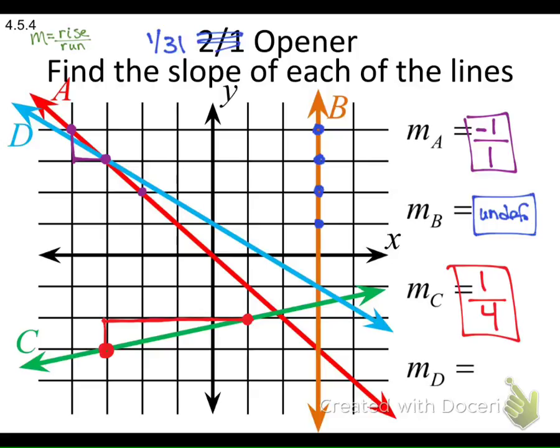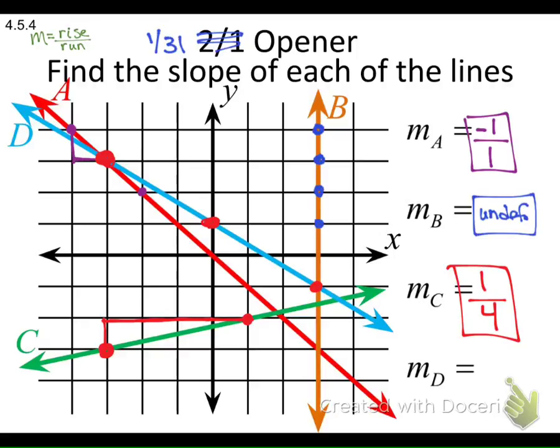And my last line, line D. Looking at line D, what kind of slope does it have? Negative. So I find my lattice points. Line D shares a lattice point with my line A. And I keep going down, find my next lattice point. And then I can keep finding them if I want to.